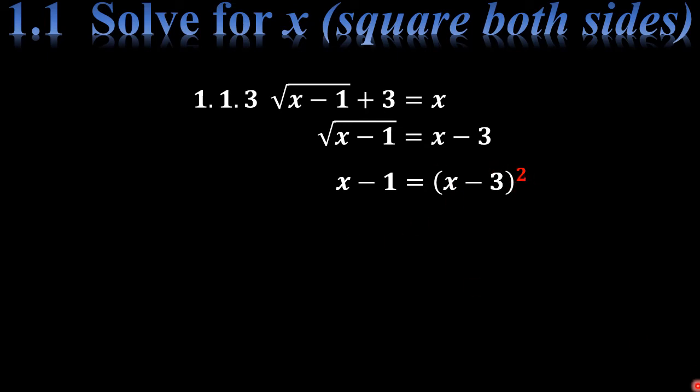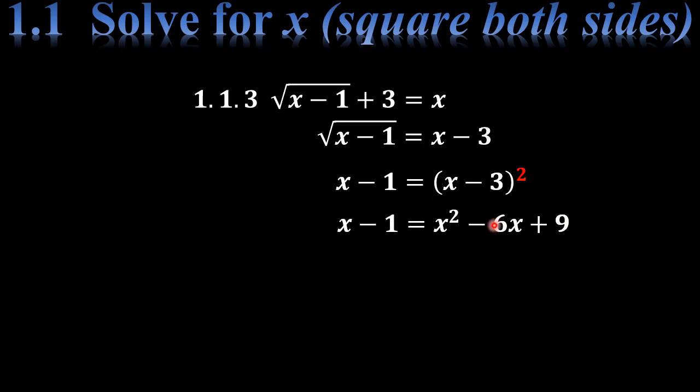Then from here we can remove the brackets. Removing the brackets here is very simple. Remember, people, I don't want us to be wasting time. Yes, it is true that x minus 3 whole squared is the same as x minus 3 into x minus 3, but you must learn the quicker way of removing the brackets. The quicker way is x squared, that is the first term, and the last term will be negative 3 squared, which is positive, 3 times 3, or 3 squared, it's 9.